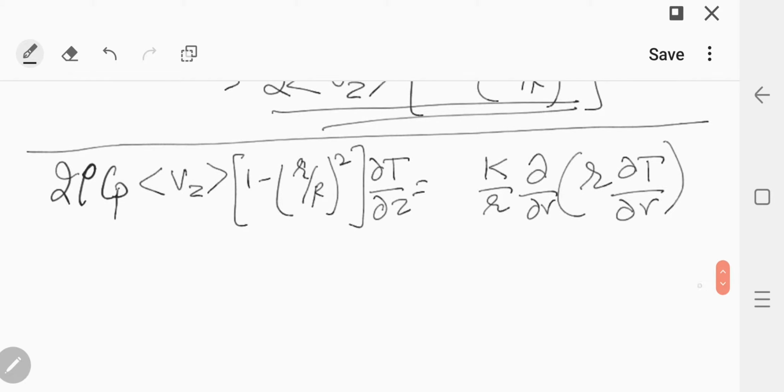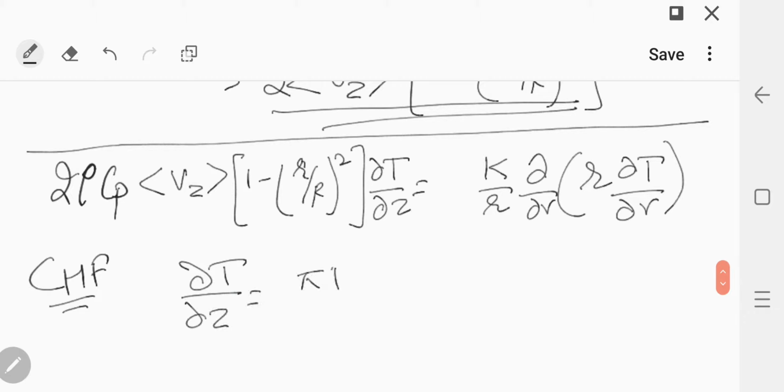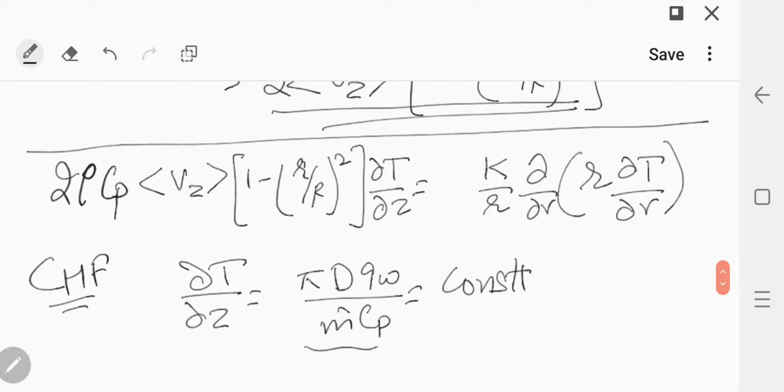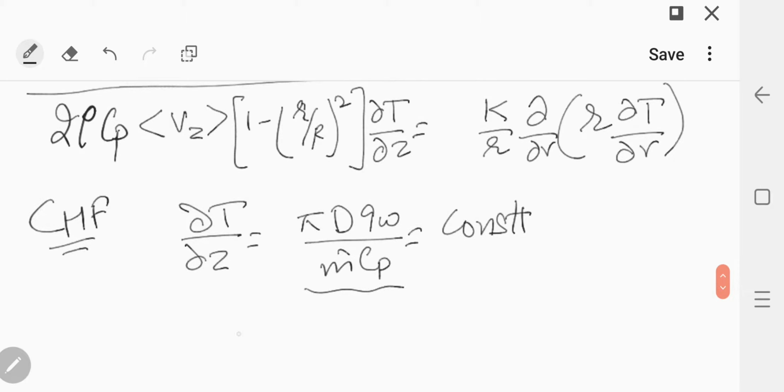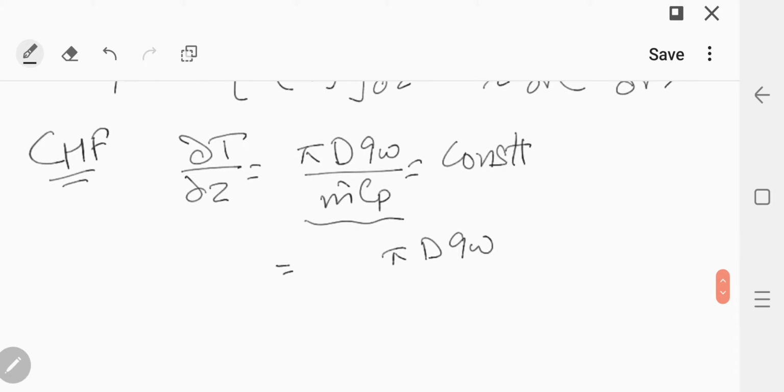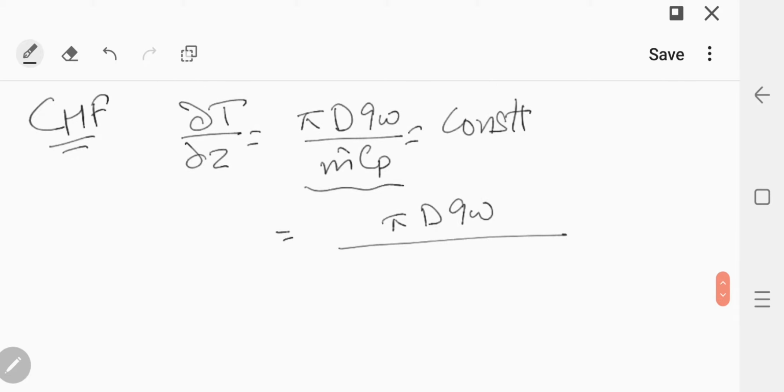Now for the constant heat flux condition, we derived in the previous lecture that del T by del Z is nothing but pi d Kw by m dot Cp, and that is basically a constant. So this expression can be written as pi d Kw by the mass flow rate.